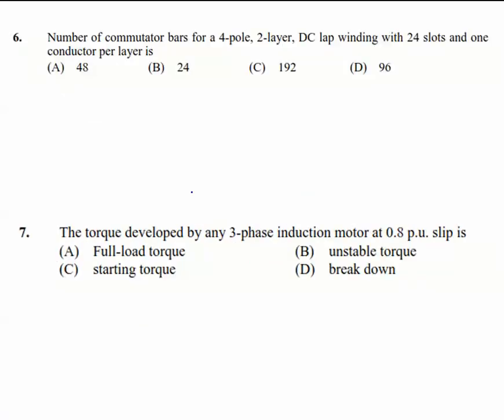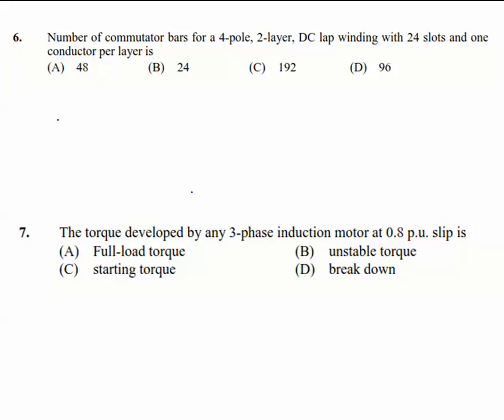And the next question here is the sixth question. The number of commutator bars for a 4-pole 2-layer DC lap winding with 24 slots and 1 conductor per layer is.